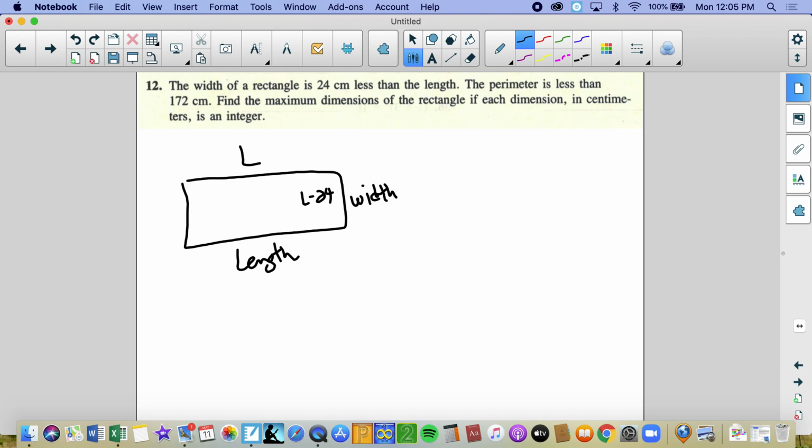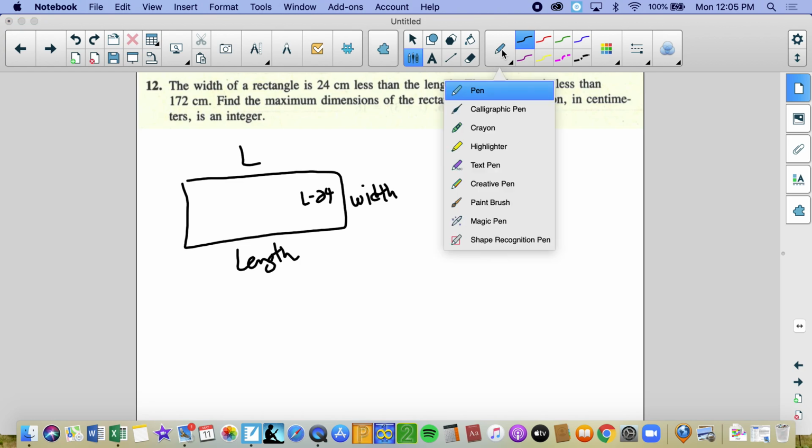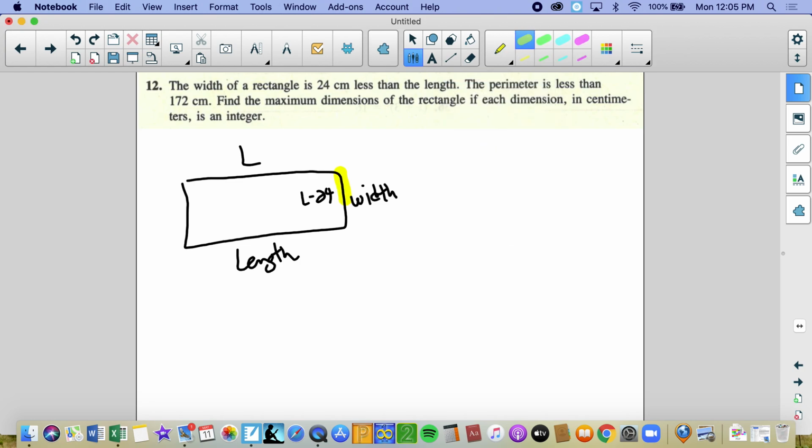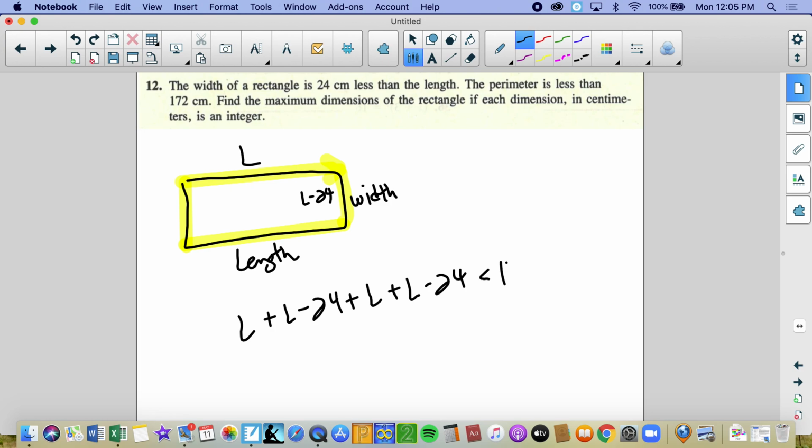The perimeter is the distance around an object. So if we add the length plus the width plus the other length plus the other width, that must be less than 172 centimeters.